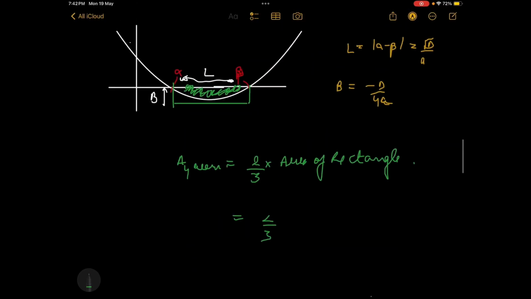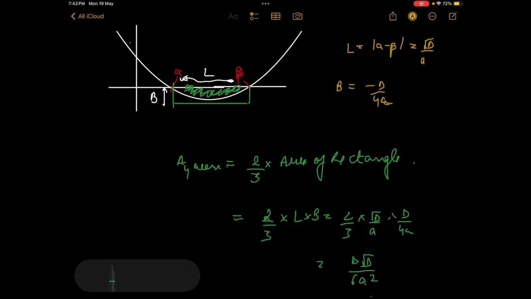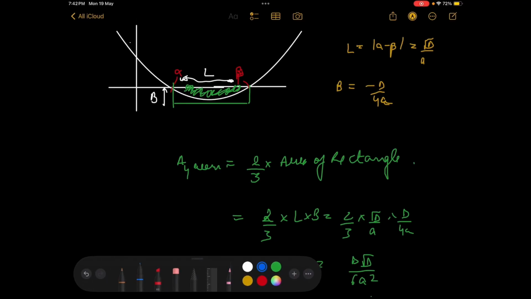Which comes out to be, substituting the values, 2 by 3 L into B, which is 2 over 3 times root D by a into D by 4a, which is nothing but D root D over 6a squared. This is a very important result.